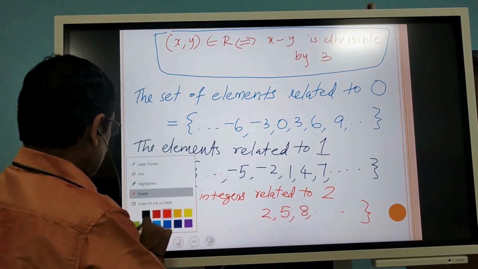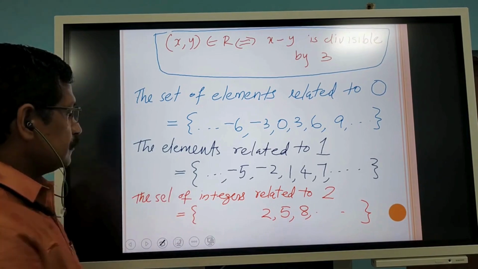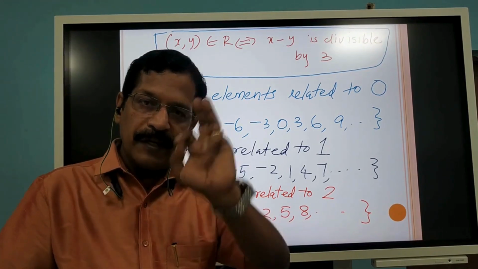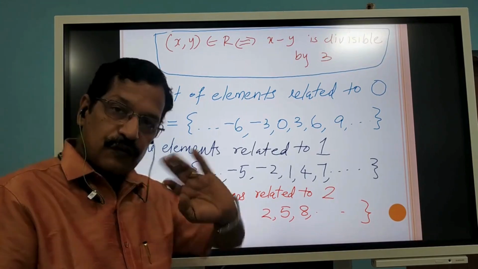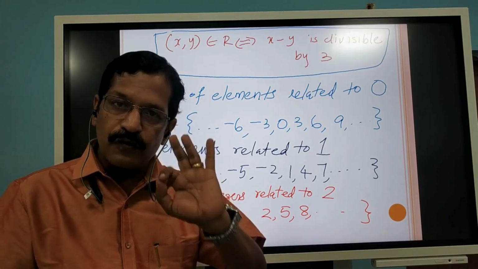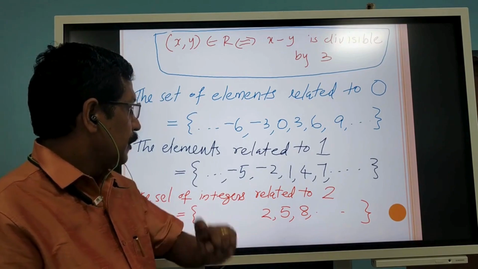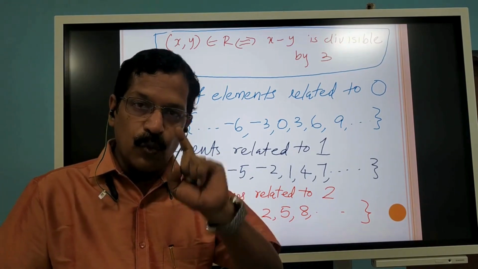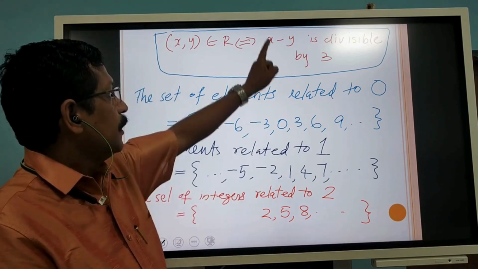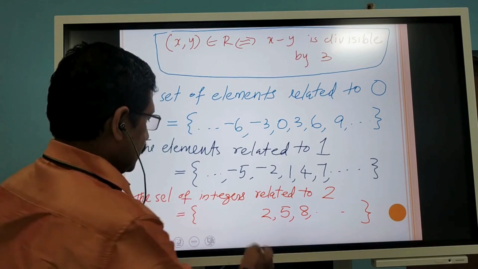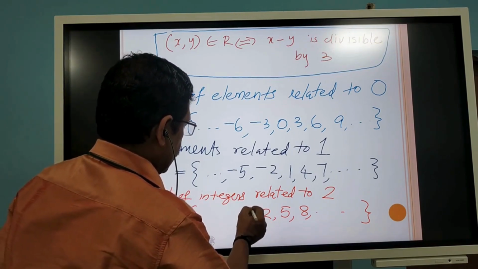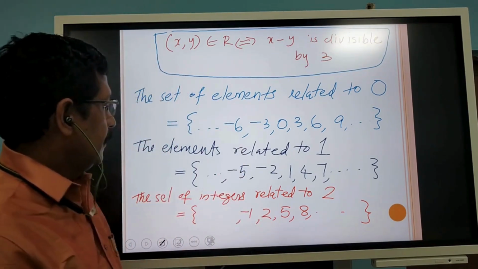Now, on the left side of 2, 1 minus 2 is not divisible. Now, what about 0? 0 minus 2 is also not divisible. Now, what about negative 1? Negative 1 minus 2 is negative 3, so it is divisible. So, it is negative 1.